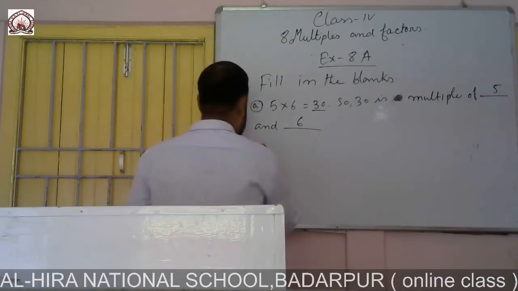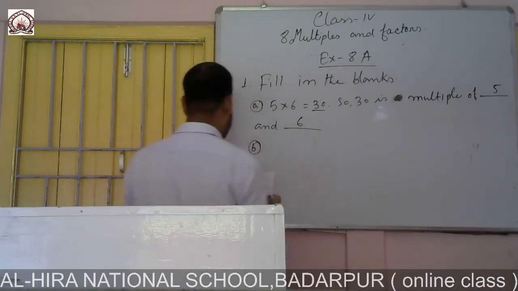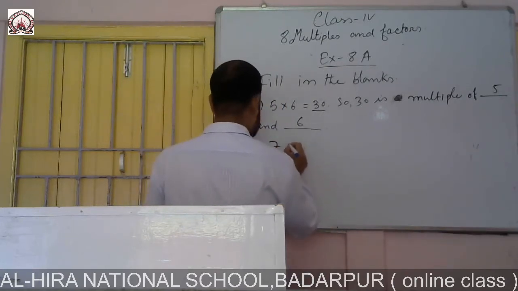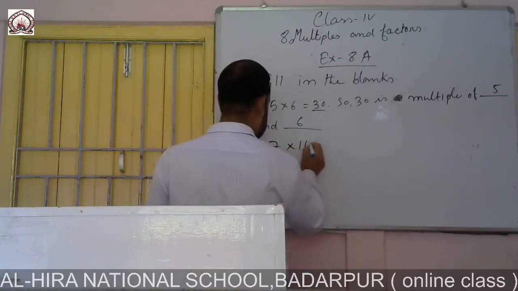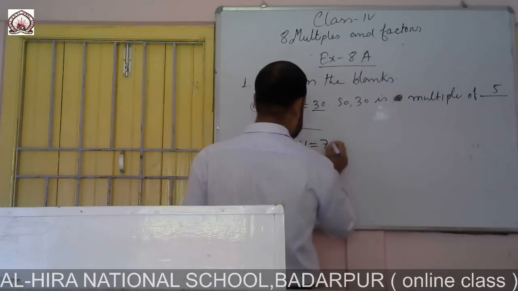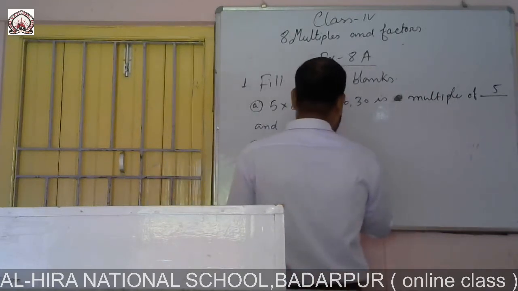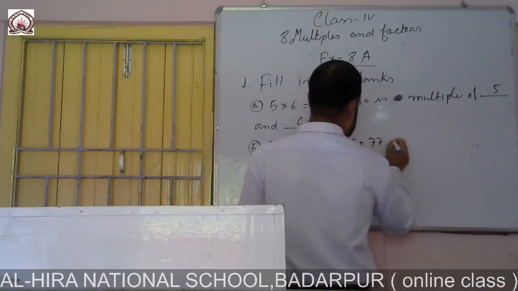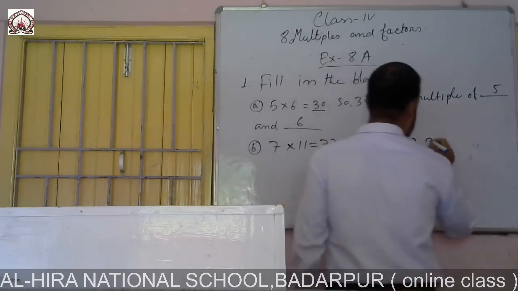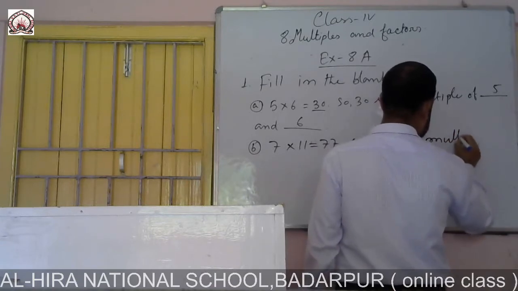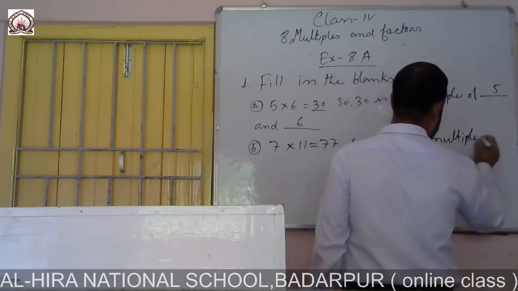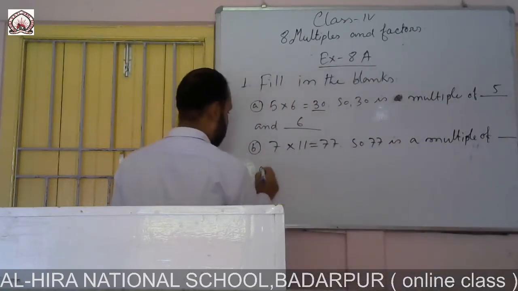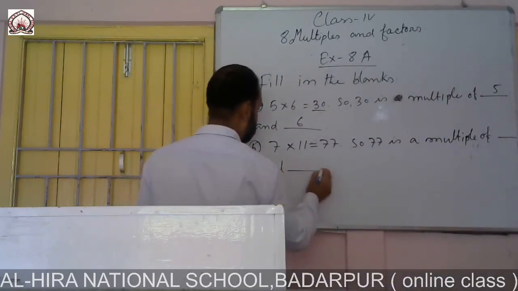Similarly, now question number B, 7 into 11 equal to 77. So 77 is a multiple of dash and dash.